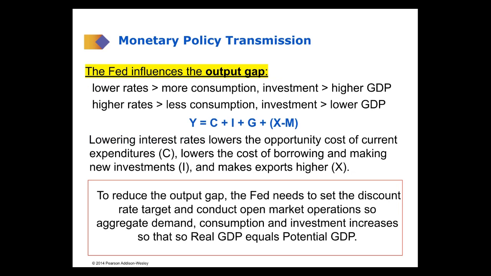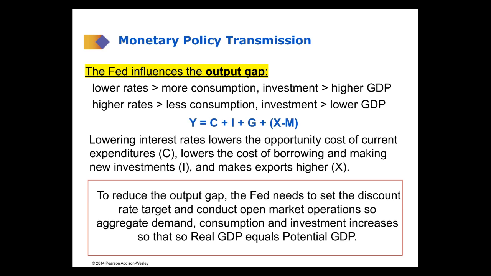If the output gap is negative, if real GDP is less than potential GDP, then they will lower the rates, looking at open market operations. So there's more reserves in the system. With more reserves, there's more loans being made, more consumption and investment happens when there's more loans being made, and then we have a higher GDP.